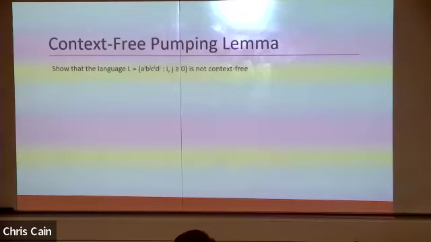So the assumption that we know is that the length of VXY has to be less than or equal to M. So we need an example of a string based on M. What is a reasonable string that we could use here that would be in this language, that we think will be an intelligent pick to be able to show that regardless of the V's and Y's that we choose, there is some I that we can pump it to that allows us to generate a string that's not in the language?